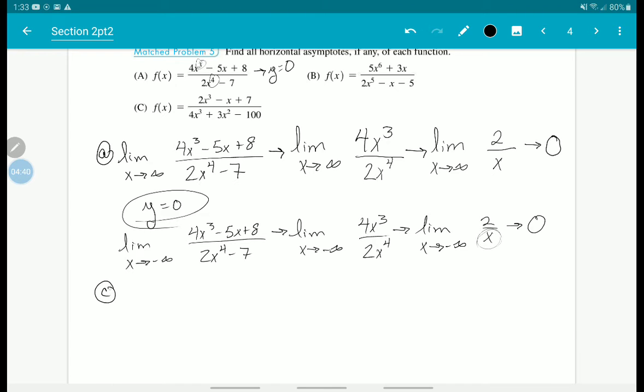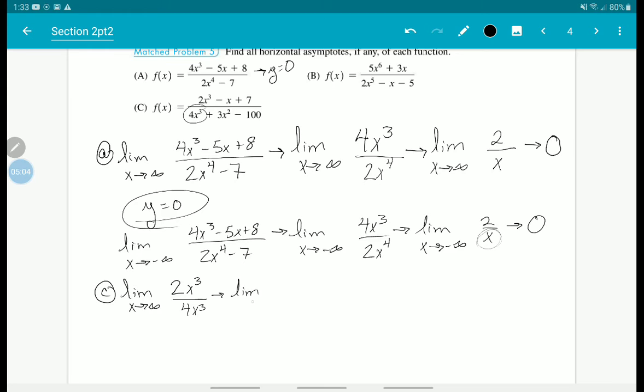Now let's look at C. I'm going to look at the limit as x approaches infinity. So we could do that same concept. What's happening in the numerator is that everything is going to be really outweighed by that leading term 2x cubed. In the denominator, everything is going to be outweighed by that leading term 4x cubed.